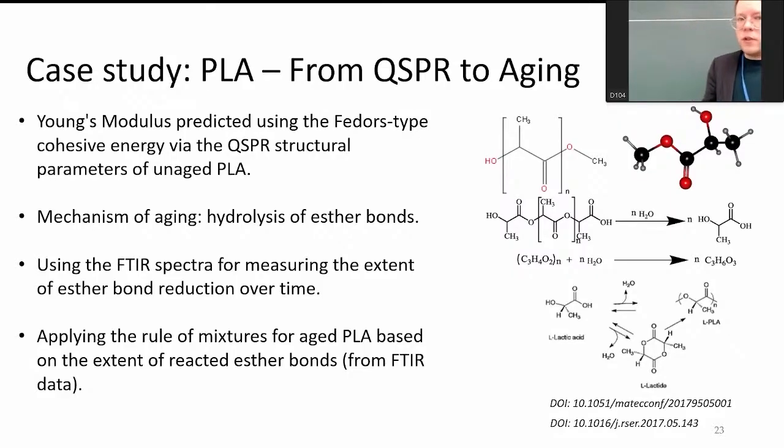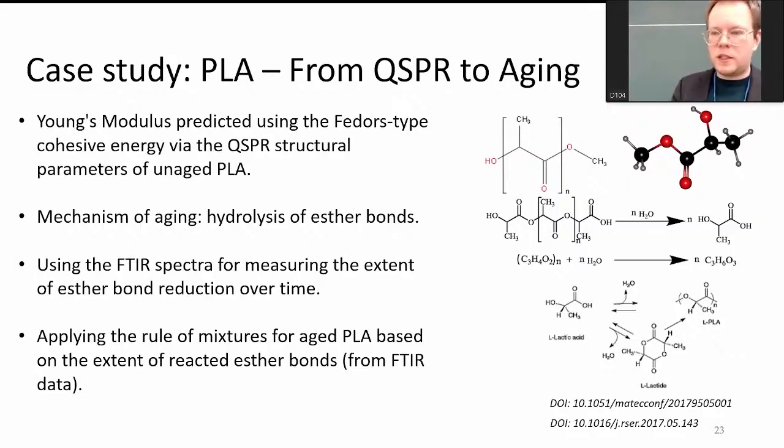However, let's look also in the case study, interestingly, to combine the QSPR methodology, so the way how we can predict the properties of a material from their chemical structure, to further this approach into the aging. So this is something that has not been done before. We just published this last year.